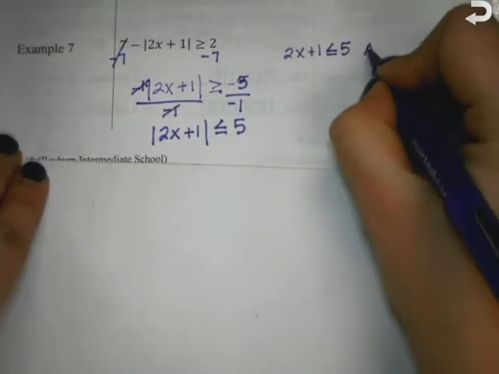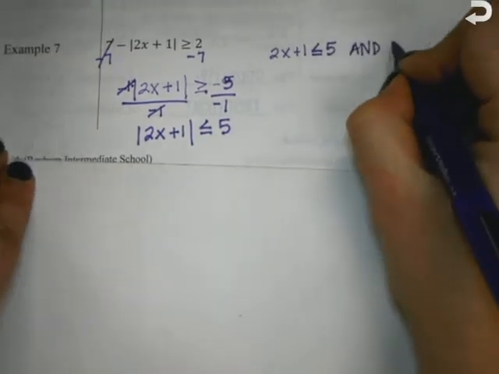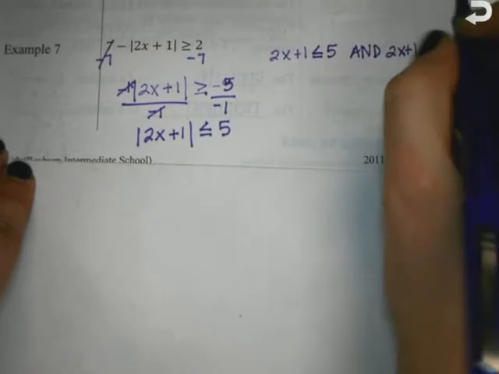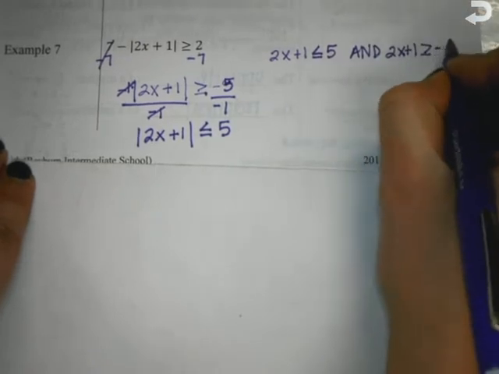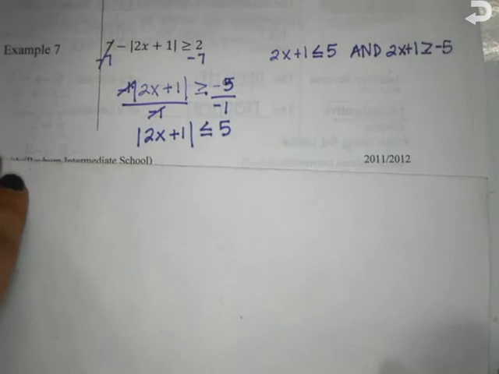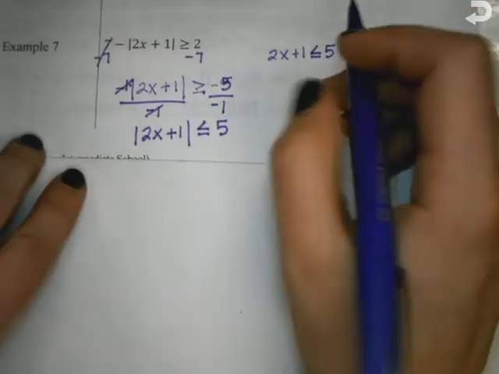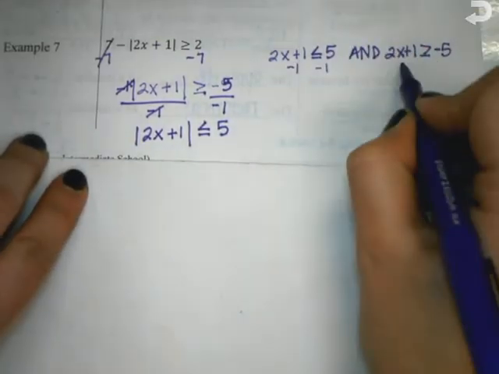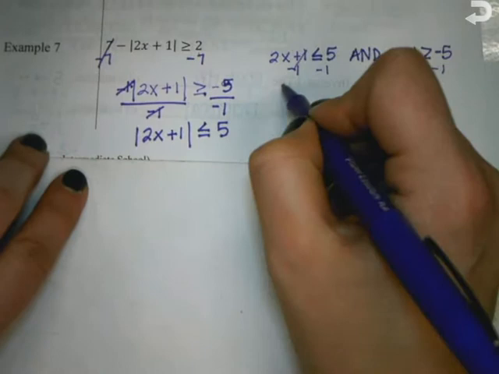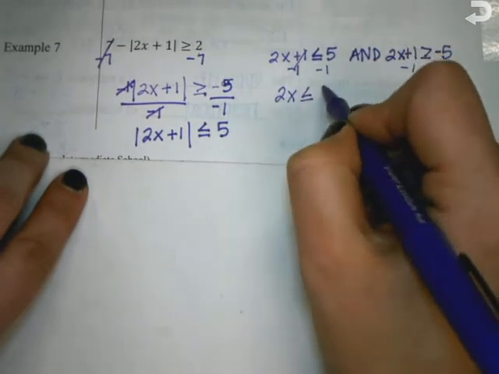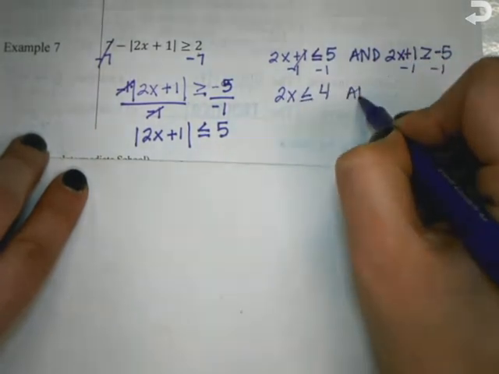We subtract 1 from both sides. So that gives me 2x less than or equal to 4 and 2x greater than or equal to negative 6. Divide by 2. x less than or equal to 2 and x greater than or equal to negative 3.